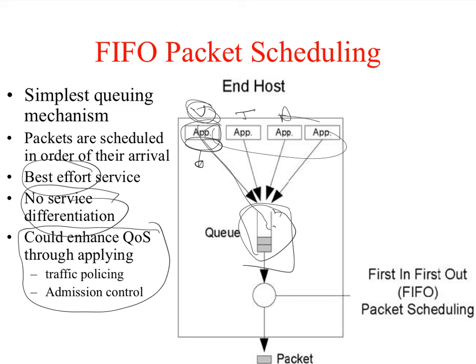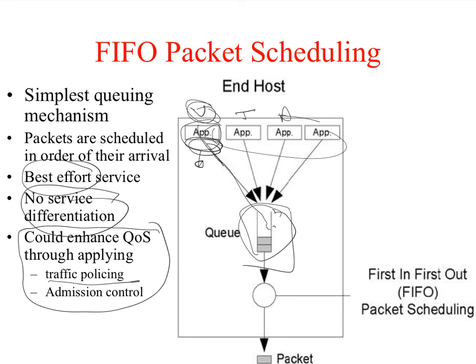No, I will restrict it. So I will constrain the traffic that is coming through the queue before it goes into the queue, because once it goes into the queue, I have no control. They will go in order, they will go in turn, they will take fair access, and that's it. I don't have any control. In that case, the only way to introduce some kind of quality of service is by doing traffic policing.